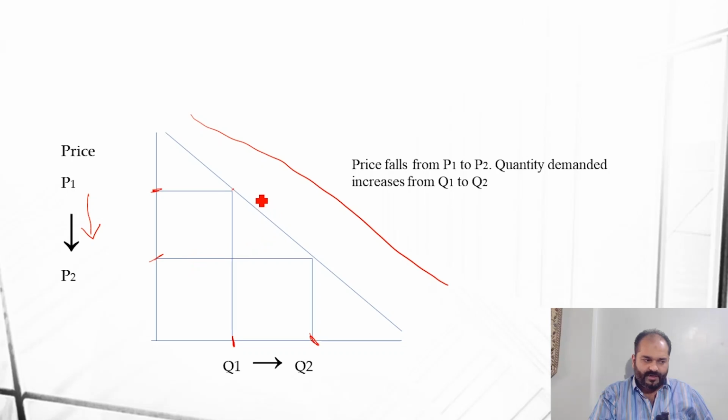So hence it is seen that as price falls from P1 to P2, quantity demanded increases from Q1 to Q2. This is basically a very normal demand curve. We will get into shifts and movements along the curve as well.